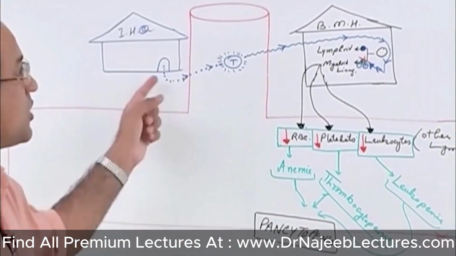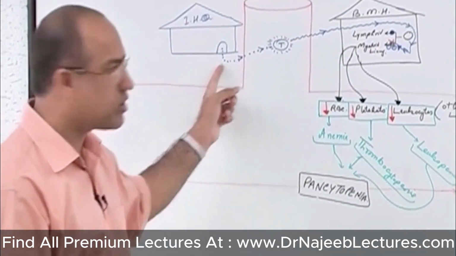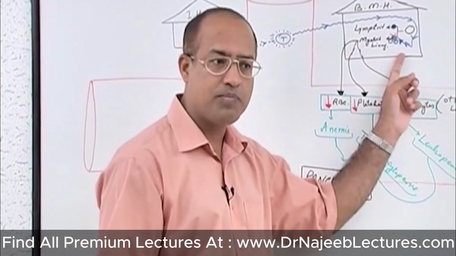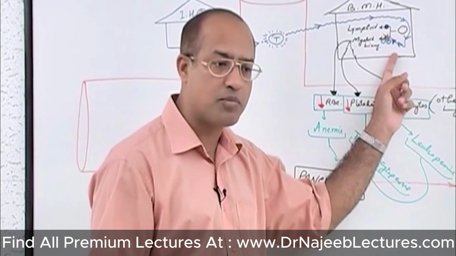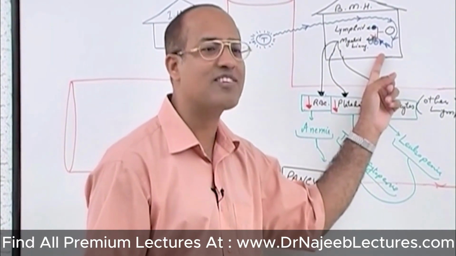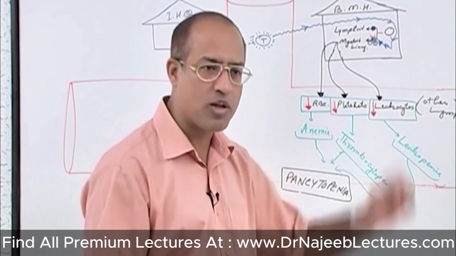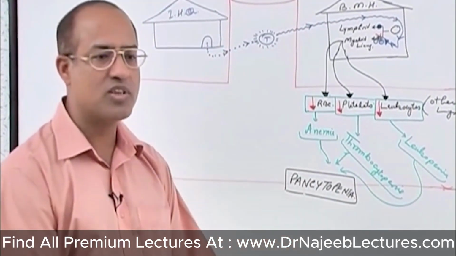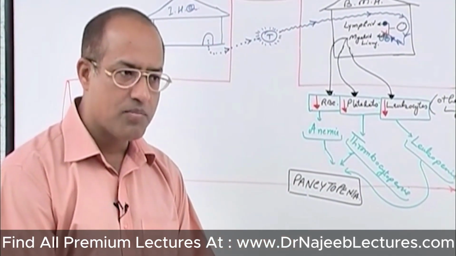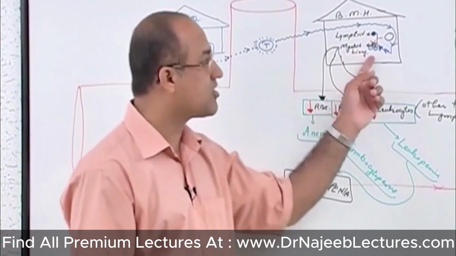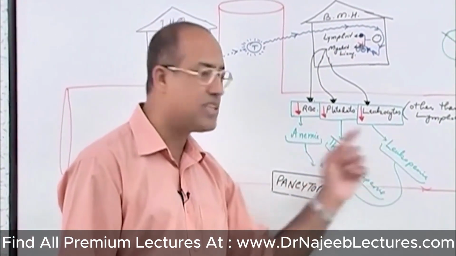So due to this autoimmune attack on the myeloid stem cell, the patient develops hypocellular bone marrow, or another term which is used, hypoplastic bone marrow. And with the hypoplastic bone marrow, the patient develops pancytopenia.